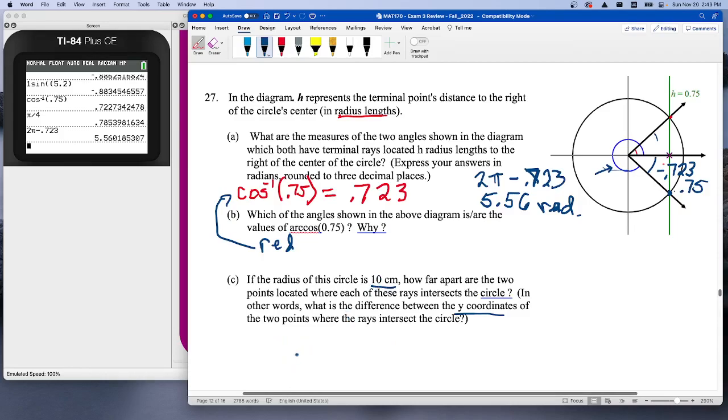What we can do is find the y-coordinate simply by taking 10 centimeters times the sine of theta. So the red one is going to be 10 sine of 0.723, and the blue one is going to be 10 times the sine of 5.56.